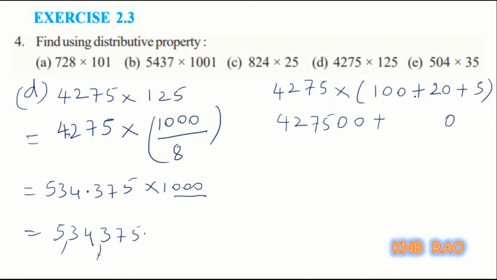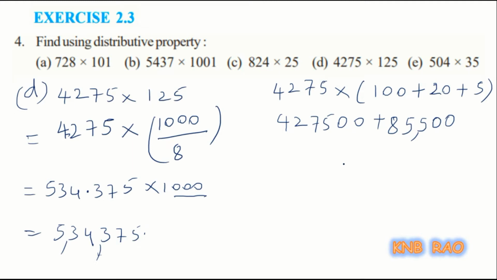So 4275 into 2, so 8, 5 2s are 10, 1 carry, 7 2s are 14 plus 1 carried 1, so 15, 1 carry, 2 2s 4 plus that 1 carried 5, 4 2s are 8, so that means it is 85,500.